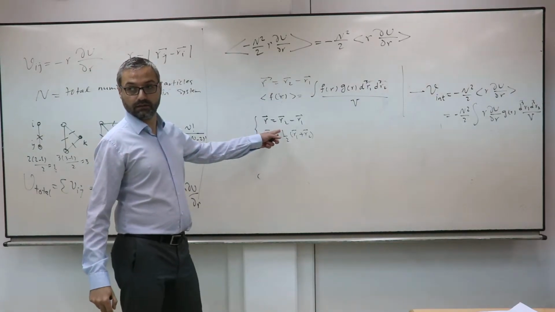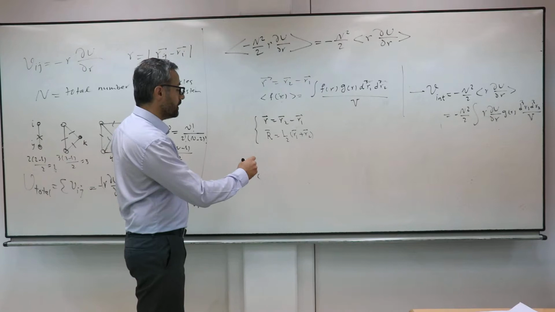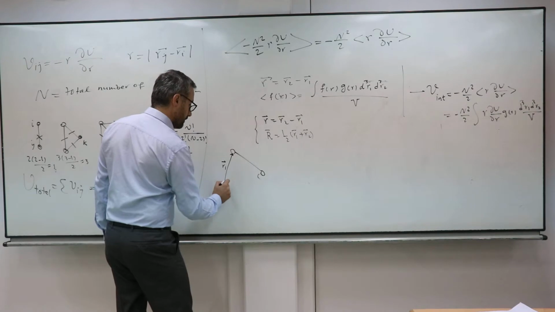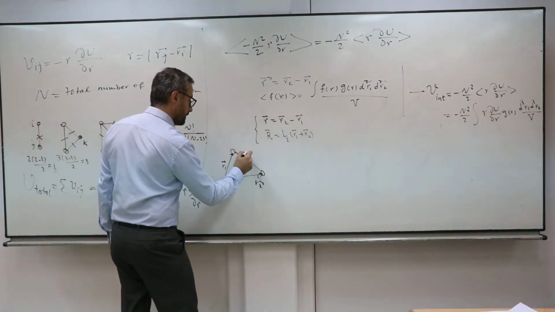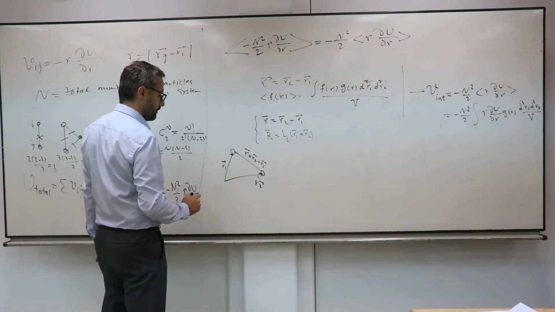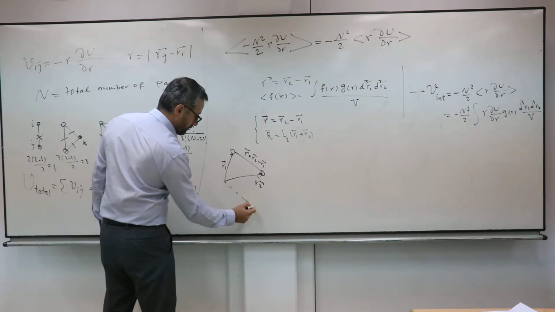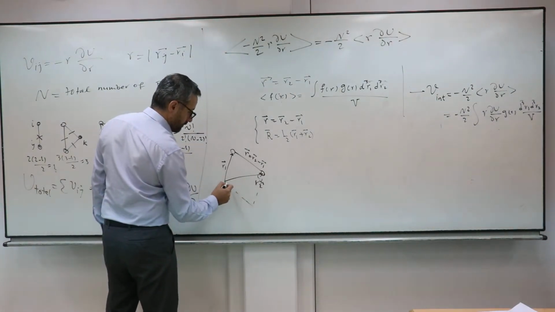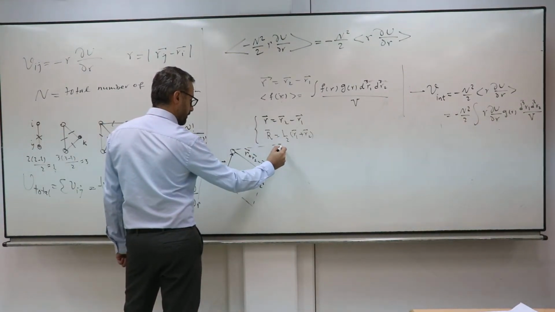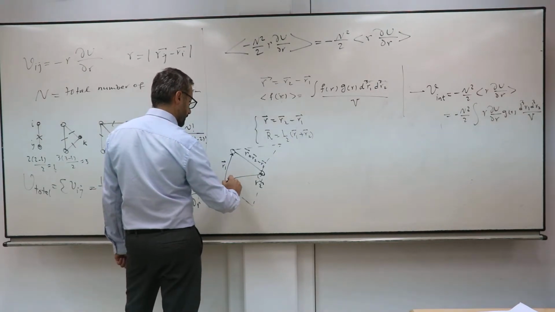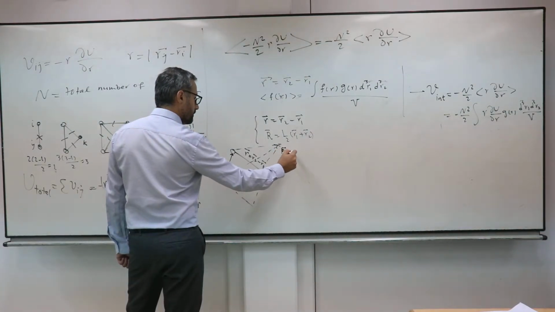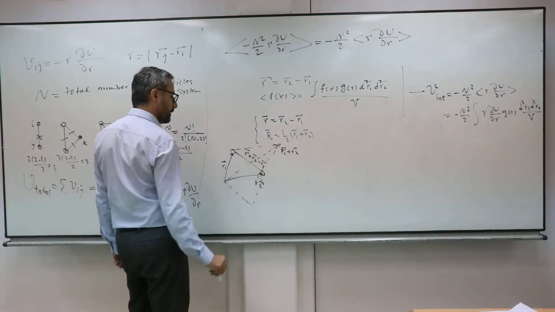This is the location of the center of mass. So I pass from the two-body system to the center-of-mass system. This big vector is r1 plus r2, if you remember the vector notation.